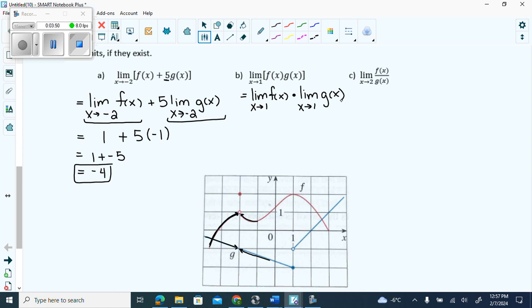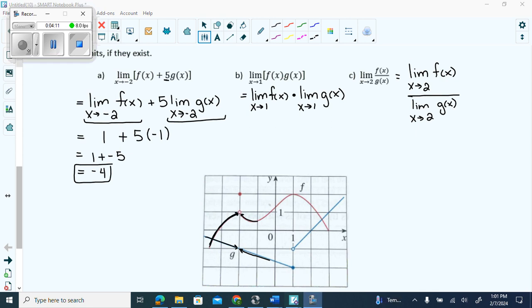And then this one would be division. So it would be the limit as x approaches 2 of f of x divided by the limit as x approaches 2 of g of x. So try those two out, see if you can get the answer.